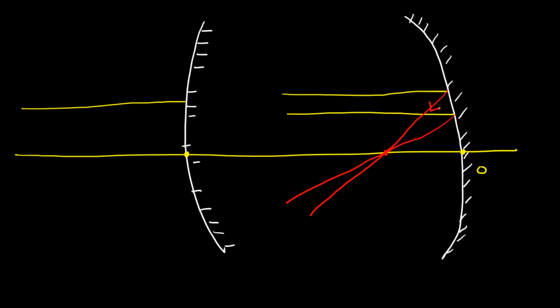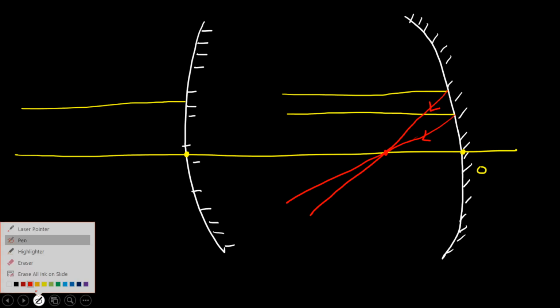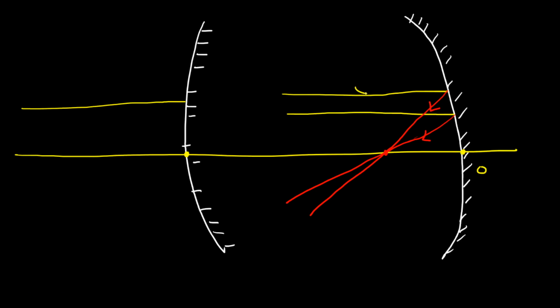Now this is the prediction. The red line is the prediction, and the yellow line is the incident ray. So this is the incident ray, and without much difficulty I'm able to predict the reflected ray. And here, you know what's the story. It's going to come like this.